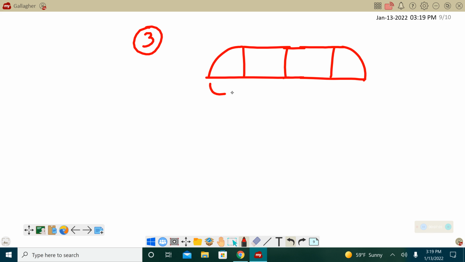So this whole distance here is going to be 12 feet. If this window is made up of squares and a quarter circle, all of these pieces here have to be the same length. So I need 12 split into 4 equal parts, which means that each one has to have a side length of 3.